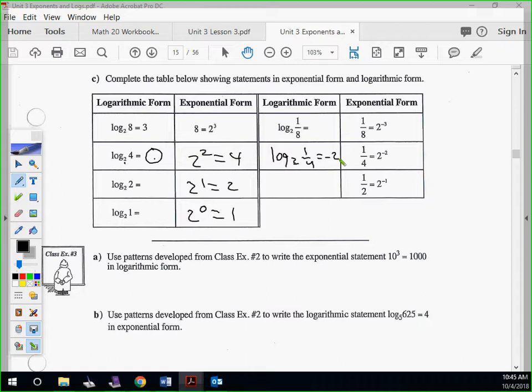If you try the last one, it should still have base 2. Log base 2 of 1/2 equals negative 1. The top one is negative 3, yep. Thanks, Ty. Top one is negative 3.